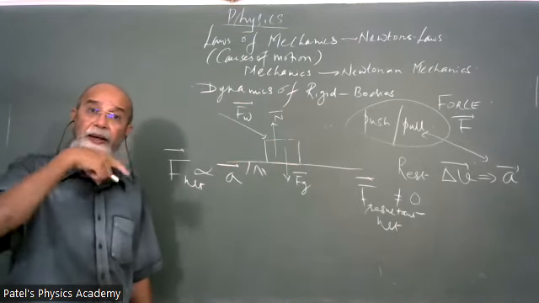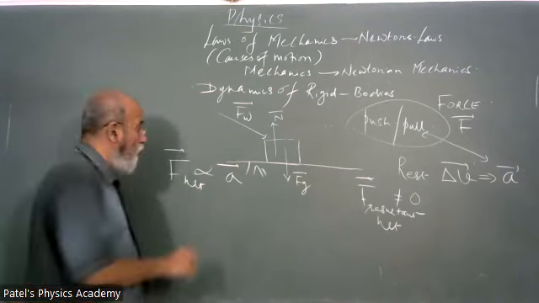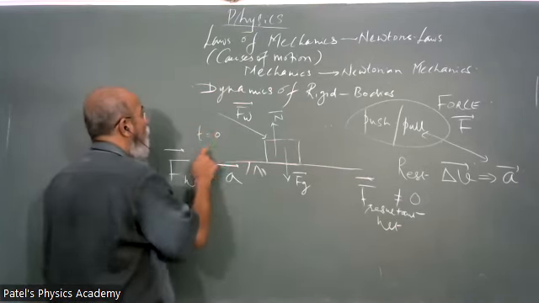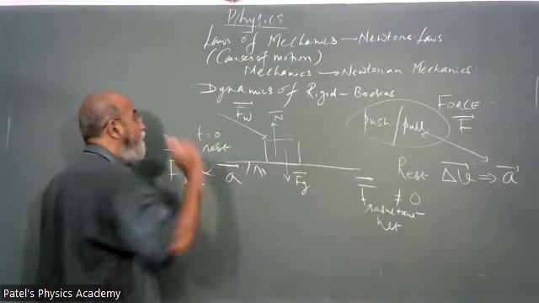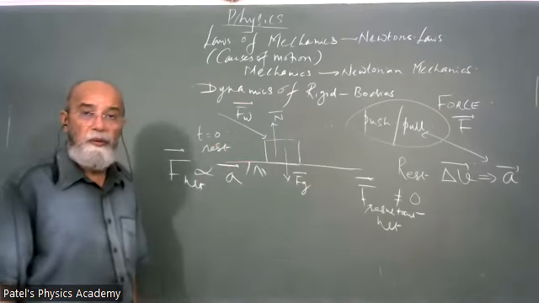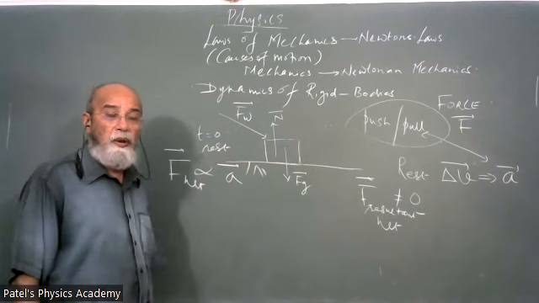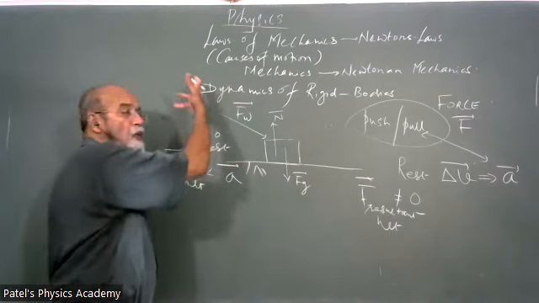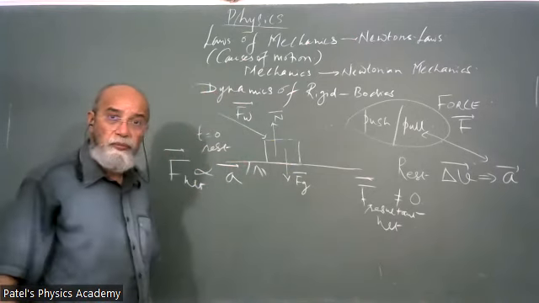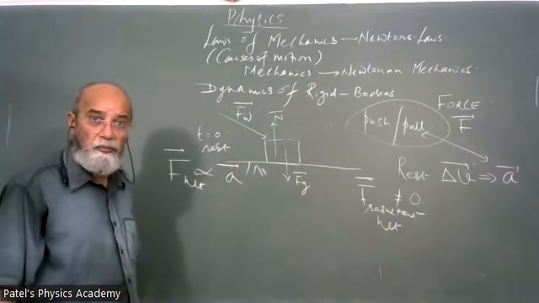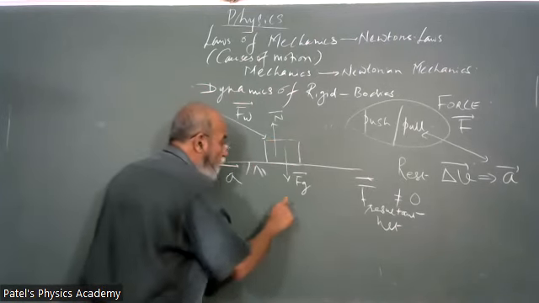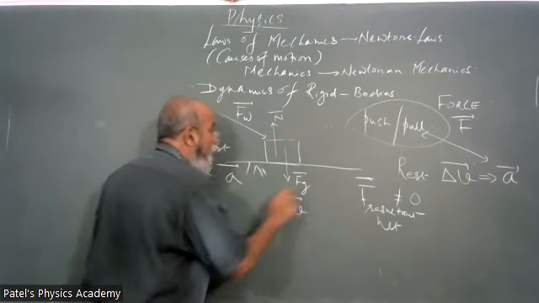And when I added these up, I got the body initially at t equal to 0 was at rest. And suddenly some wind force started. And I noticed a change in motion.